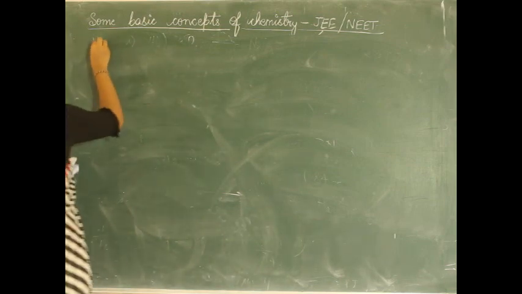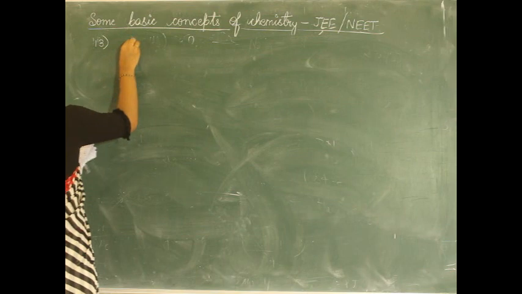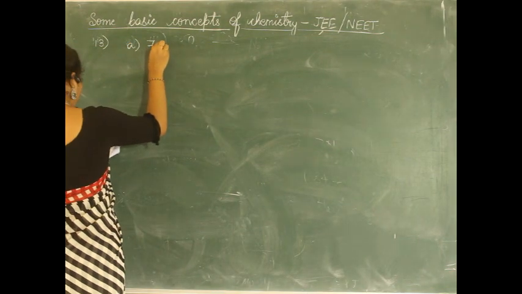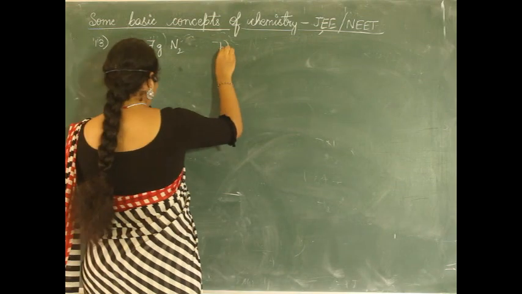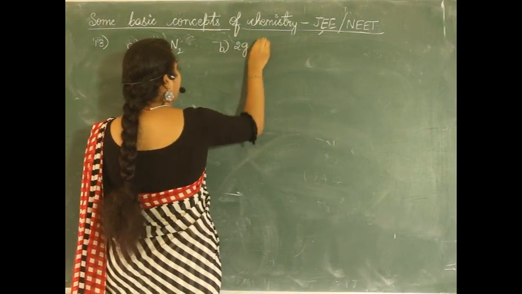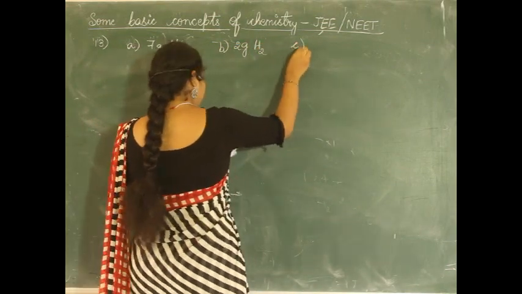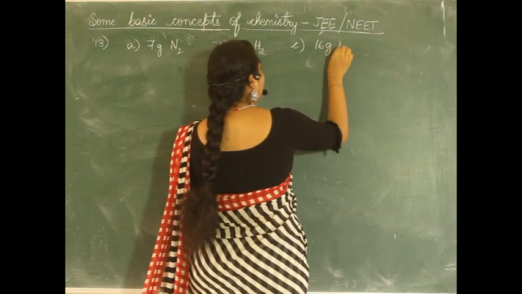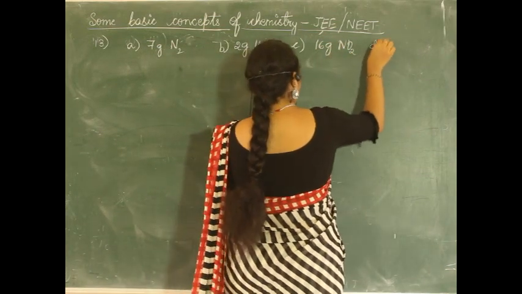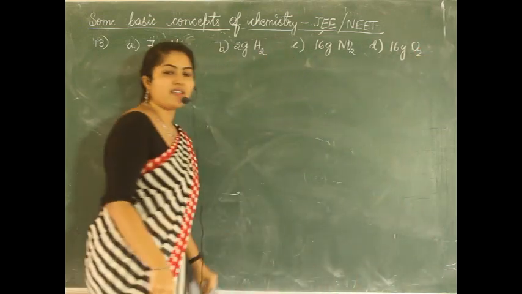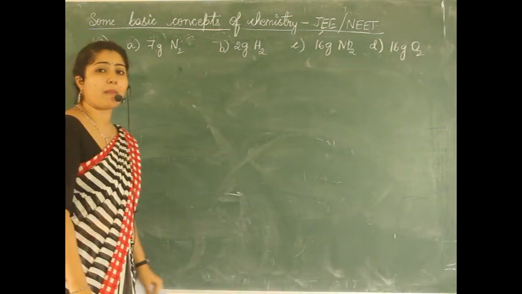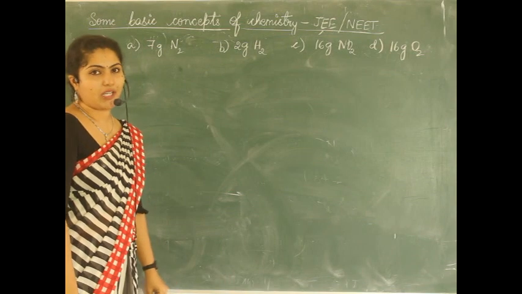Option A, 7 gram of nitrogen, N2. Option B, 2 gram H2. Option C, 16 gram NO2. Option D, 16 gram O2. Among these, they have asked which contains the maximum number of molecules.